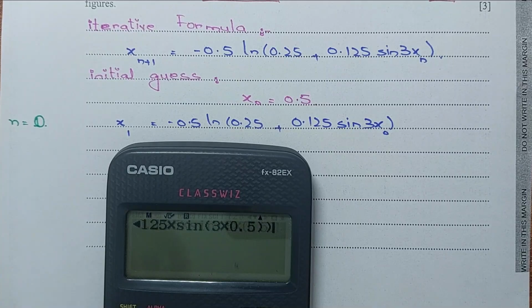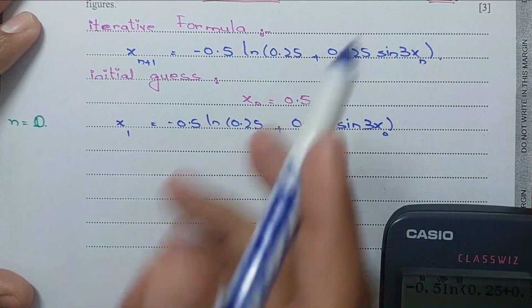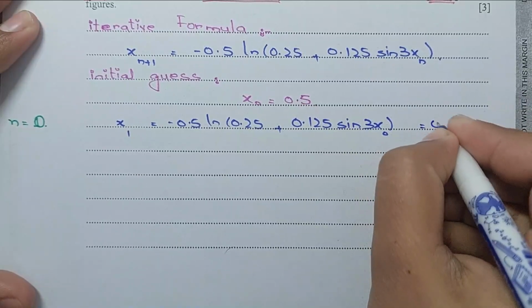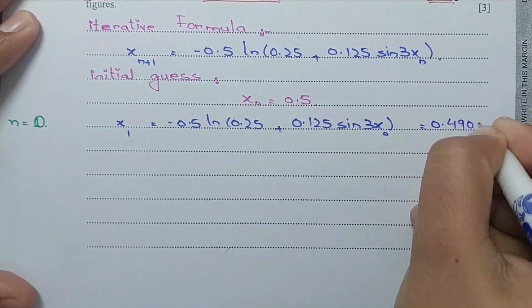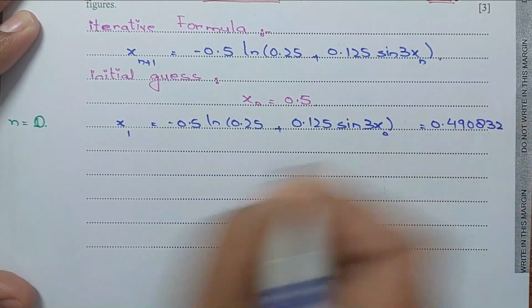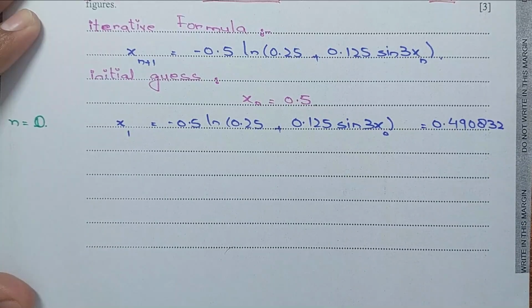To 6 significant figures, 1 2 3 4 5 6, this is 0.49832.